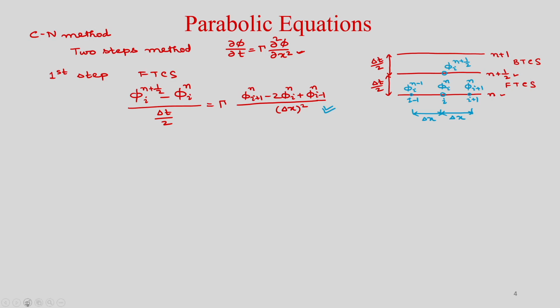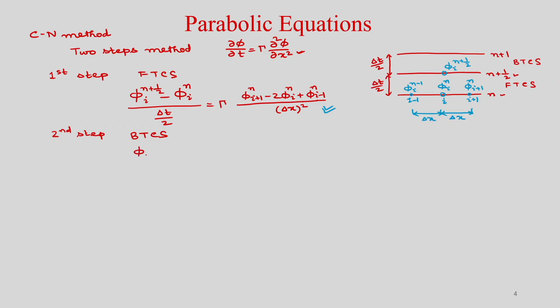Then in the second step, now use BTCS. So, now you are moving from n plus half to n plus 1. Obviously, when you are using BTCS, the spatial derivative all you will take from the n plus 1 time level.